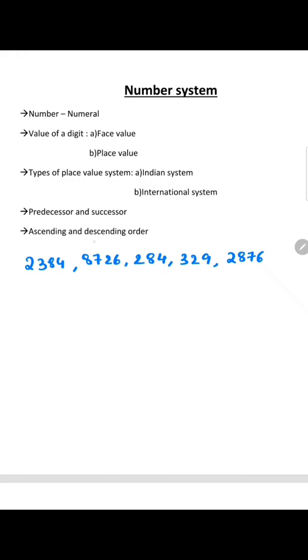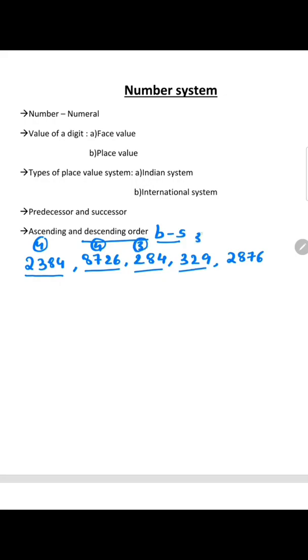Now let us find the descending order of these numbers. Descending order means big to small. So what I need to do is first I will check the number of digits. This particular number has 4 digits. This number also has 4 digits. This number has 3 digits.